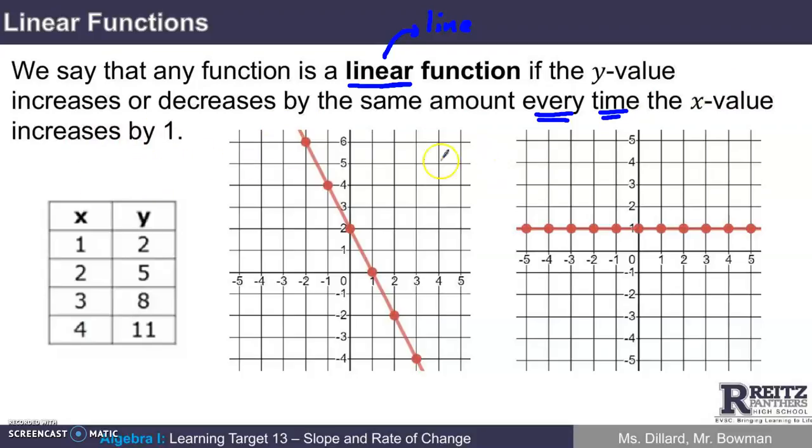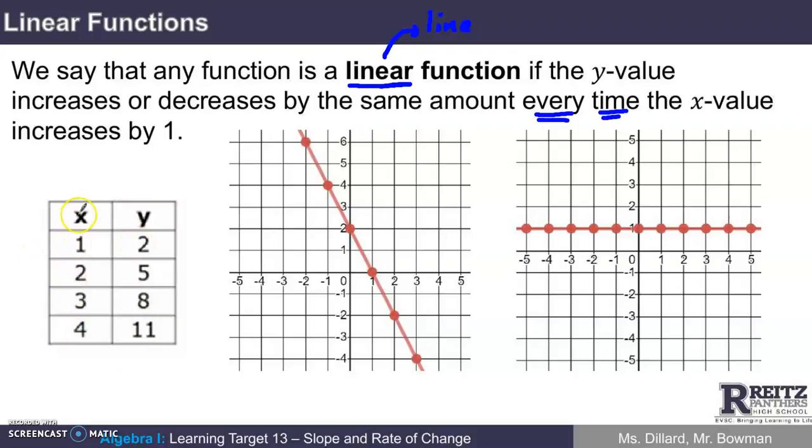Below at the bottom of the screen are 3 different examples of linear functions, and I want to show you briefly why each one is linear. This first function is given as a table. It's a function because every x has only one y.